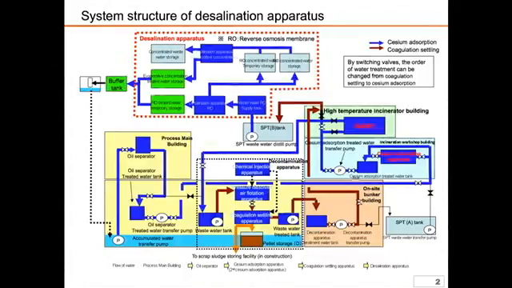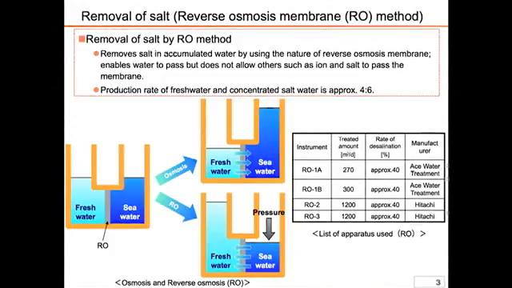This salt water is further divided into two categories by using the evaporative concentration apparatus. One is concentrated waste liquid, the other is used as fresh water. Since this looped system is already completed, we can cover all water injection into the reactor at the power station with this processed water. Next, we will introduce the mechanism of desalination by using the RO membrane.